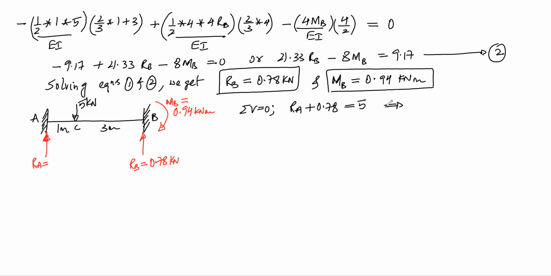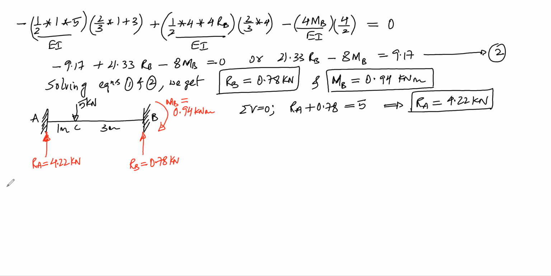From this equation, we get the value of RA as 4.22 kilonewtons. So this is the reaction at A. So now we know the two reactions.